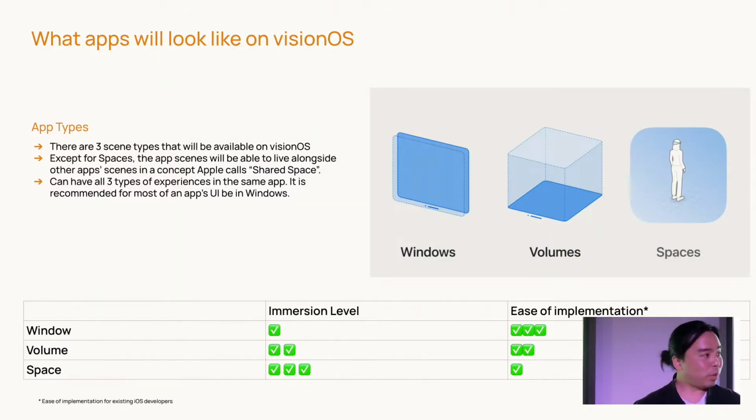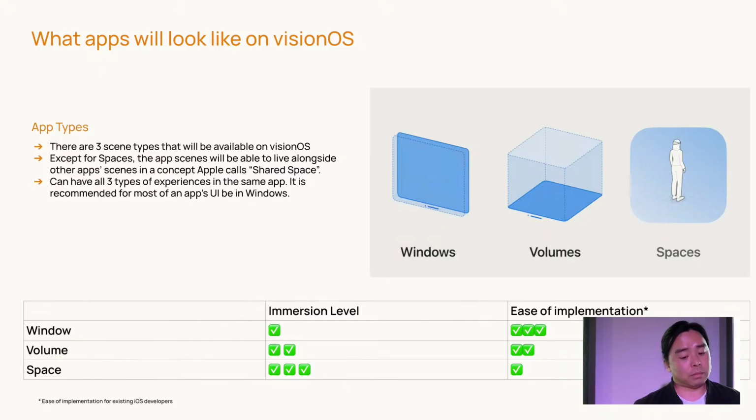You can primarily do windows, like 2D panels. There are volumes, where you can start introducing 3D content that the user can walk around. And then there are spaces, where your app basically takes over the entire room, and you can do all sorts of cool things like ray casting, hand tracking, and things like that.